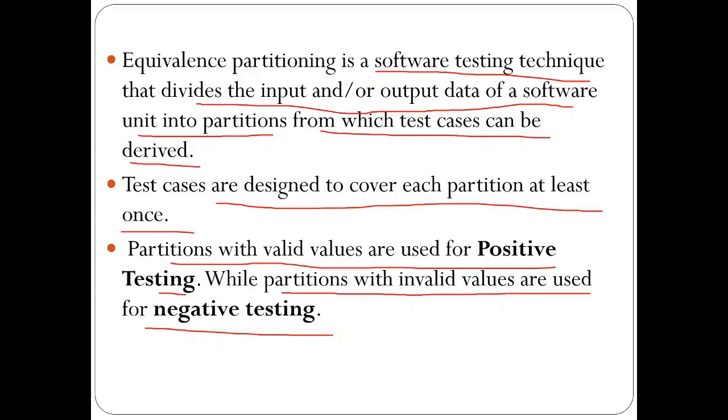Take another example. Suppose you are testing an input box which is accepting numbers from 1 to 1000. So are you going to test all the numbers from 1 to 1000 one by one? No, it is not possible.